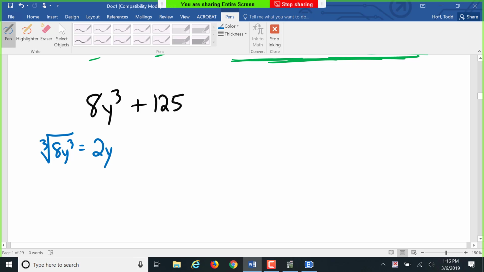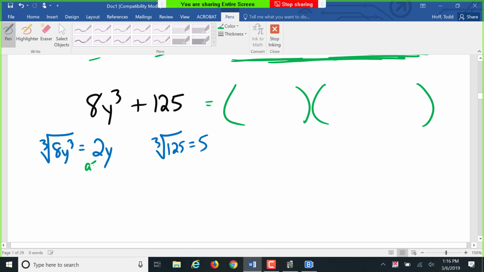Cubed root of y to the third is y. What is the cubed root or third root of 125? 5. Very good. So as we factor this, a is going to be 2y, b is going to be 5.